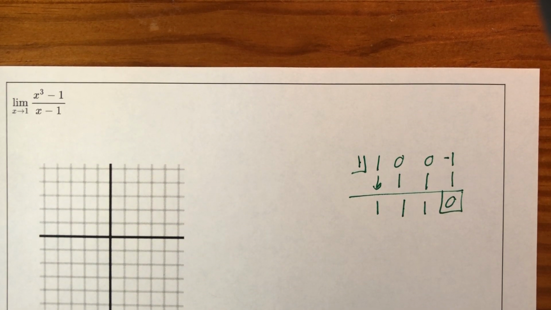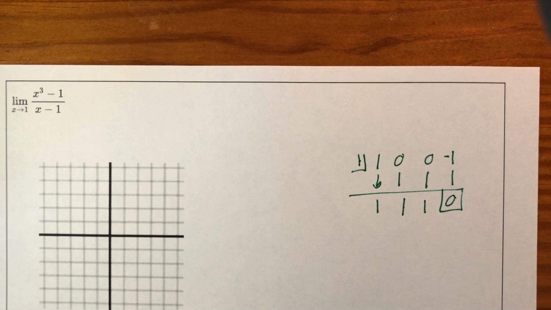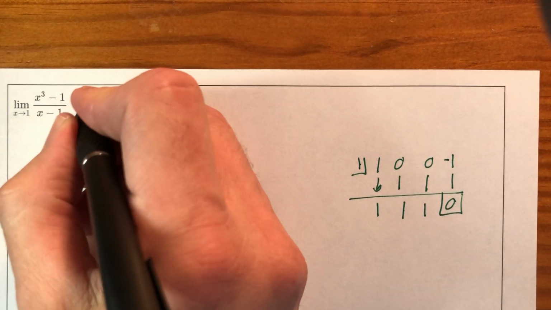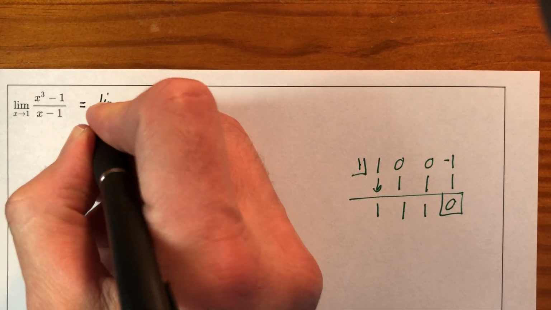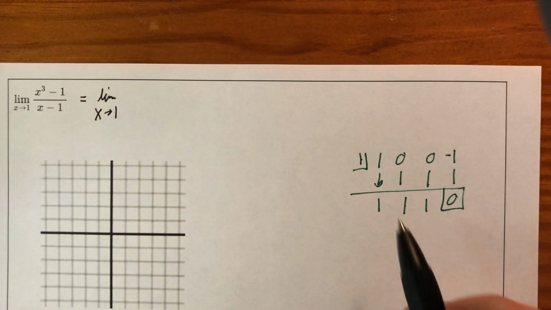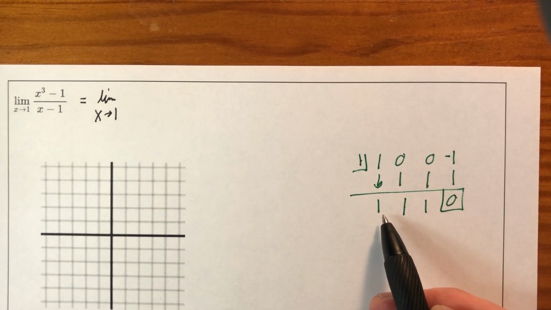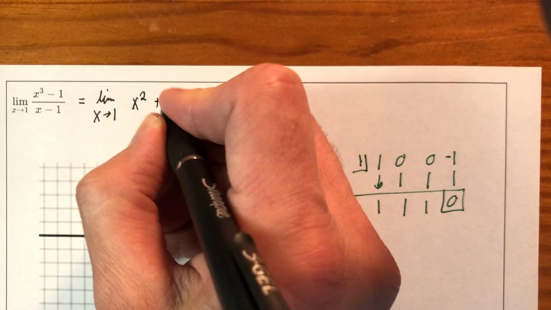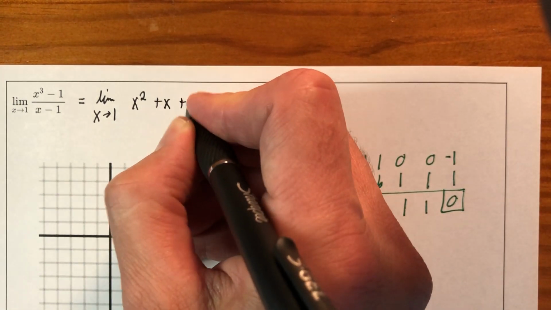But it tells me that my reduced form of this, which I will write in, pick a color, black. My reduced form, as I evaluate the limit as x approaches 1, is not x cubed anymore, but it's 1x squared plus 1x plus 1.